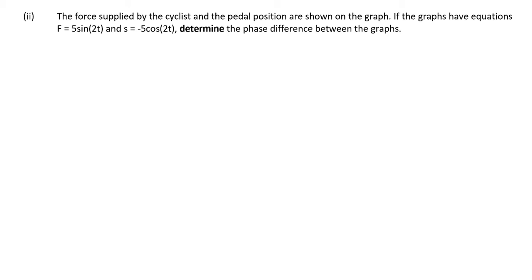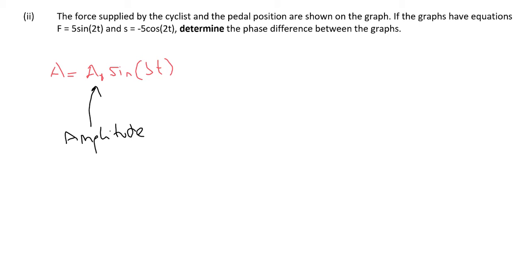For a general function, whatever multiplies your sine or cosine function would be the amplitude of your wave. So that's actually going to have no effect on the phase whatsoever.